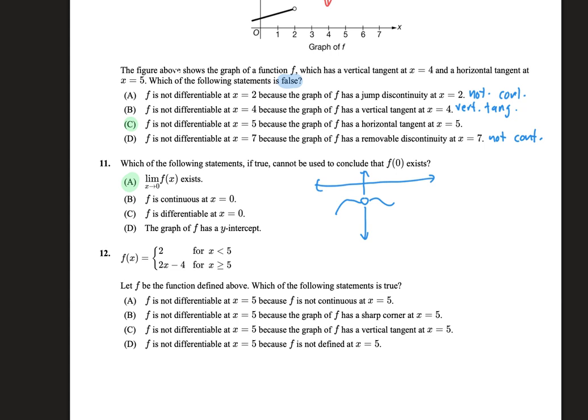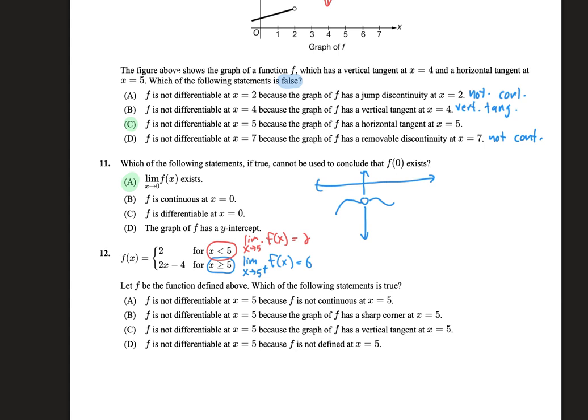So the limit as x approaches 5 from the right, from values greater than 5, of f of x is 6. But from the top one, when x approaches 5 from the left, the function always equals 2. Since they don't match, there has to be a jump discontinuity.